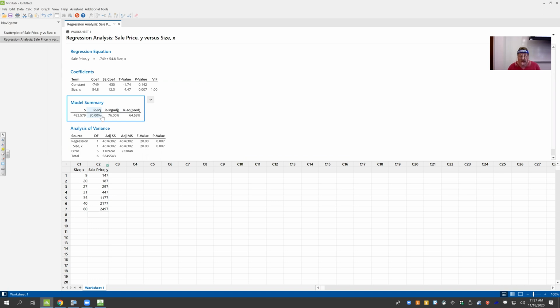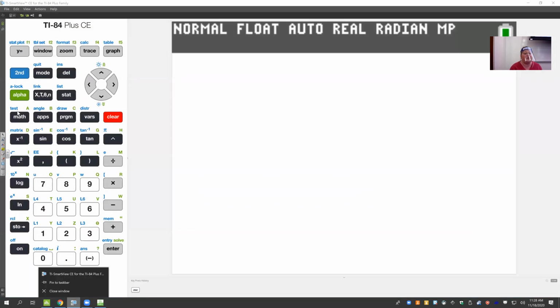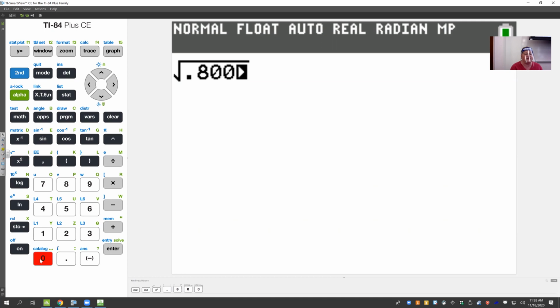And I need to convert that to a decimal. Okay, so R squared as a decimal is 0.8000, and I'm going to square root that to find my R. Okay, so using your calculator, we're going to take the square root of the 80% as a decimal, 0.8000, and we enter.